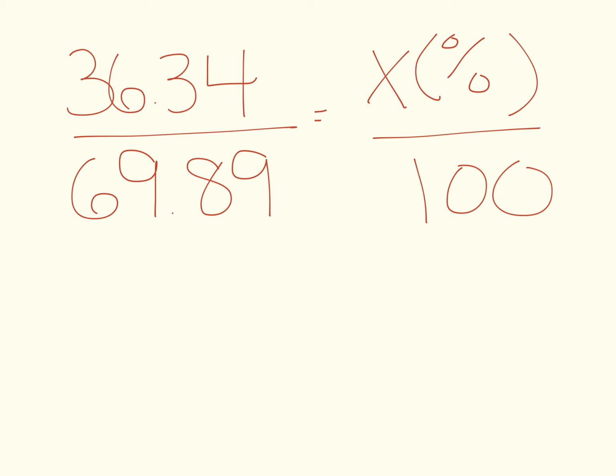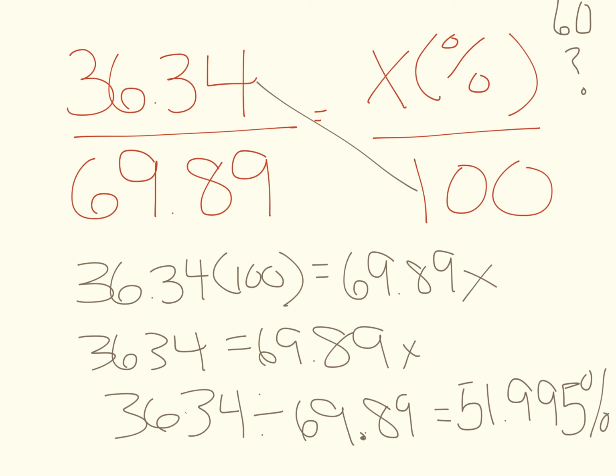We think it might be 60%, because I originally got 20% off, and then I got an additional 40%. So let's see. What do we think? Make a prediction. When I did all the math, I got 51.995%. So why isn't it 60%?